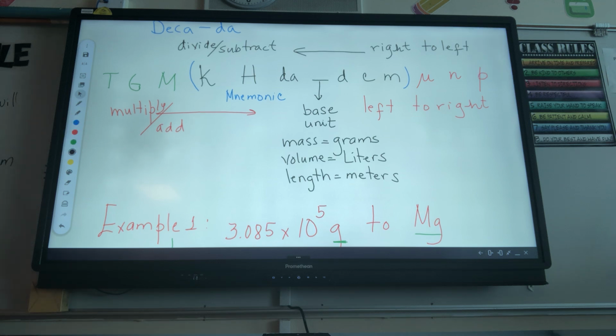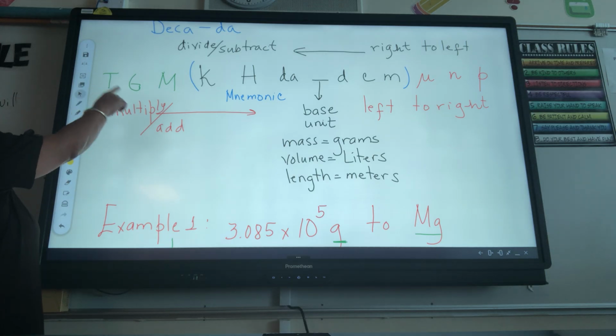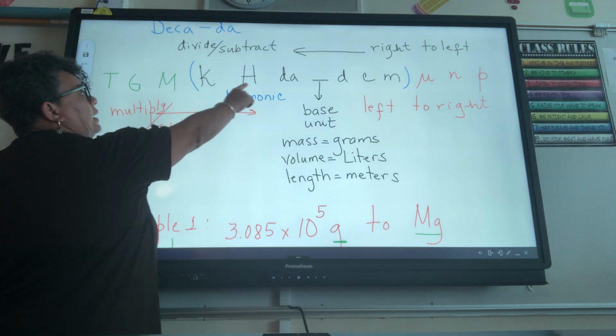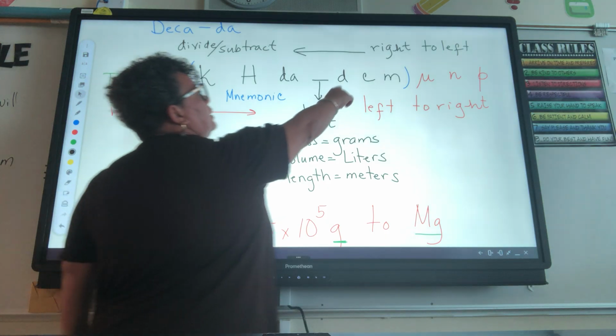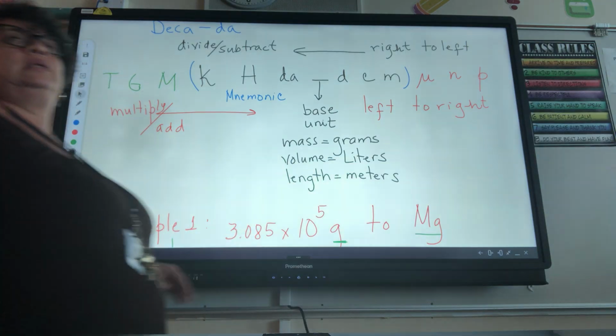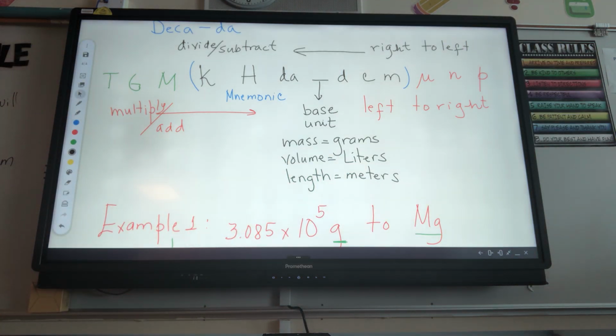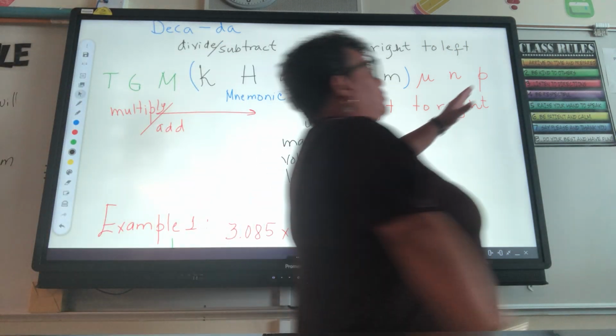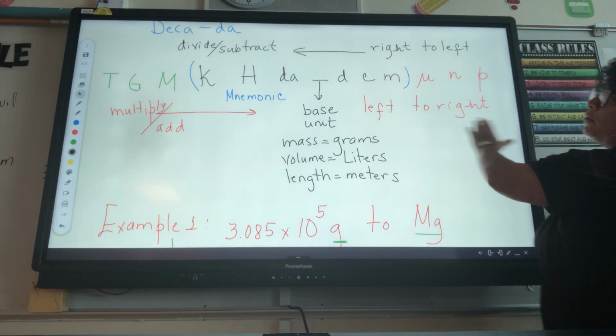Just copy. Then I'm gonna explain that. If you were paying attention to what you were writing, you will realize that you have tera, giga, mega, kilo, hecta, deca, my base unit, deci, centi, milli, micro, nano, pico. See that? What I was putting in that diagram is the symbol for every unit of measurement.